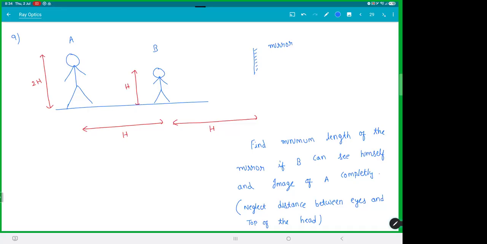Give it a try. This is a little decent one on a plane mirror. And others, do keep your cams on. Arya, Devanshi, Obia, Param, cams on.